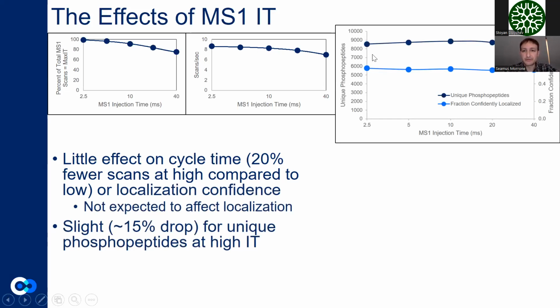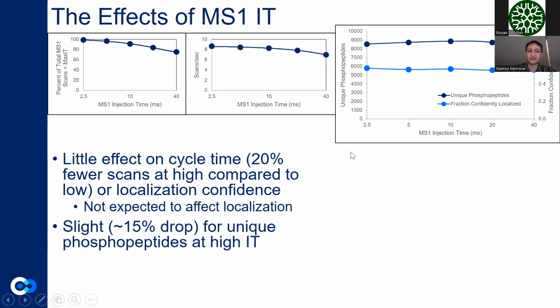And then if we look at the raw number of phosphopeptides, we see a slight drop in raw numbers at the very high end of injection time. It's about a 15% drop, corresponding roughly to the effect that we saw in cycle time. So this is mainly due to an increasing cycle time, allowing fewer identifications. And we saw essentially no effect on the localization confidence.